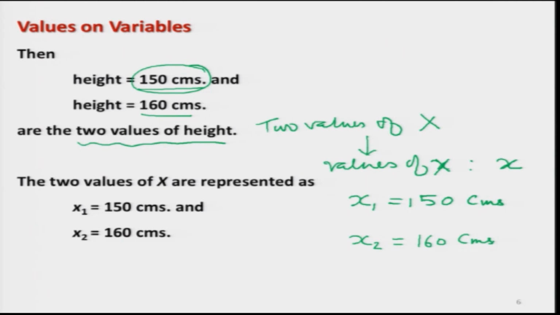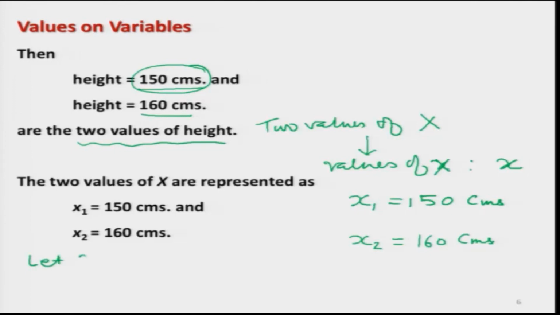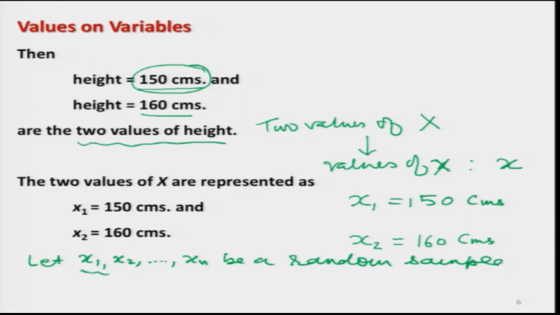So, you will see in statistics that a very common sentence is, let x1, x2, ..., xn be a sample from some population. So, once I write let x1, x2, ..., xn be a sample or a random sample, what does this mean? This simply means that these x1, x2, ..., xn are some numerical values, nothing more than that.